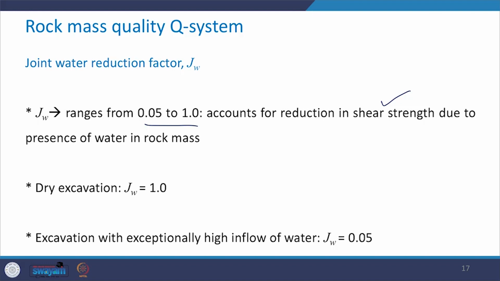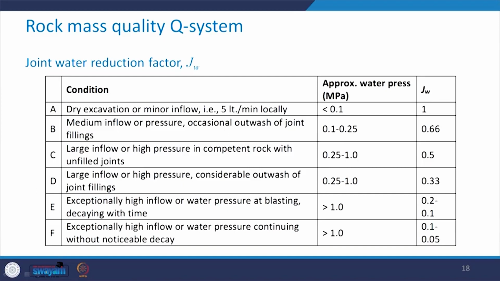As far as dry excavation is concerned, JW is assigned a value of 1.0, and for the excavation with exceptionally high inflow of water, a low value as 0.05 is assigned to JW. This table gives us the idea about the ratings which should be assigned based upon the approximate water pressure and the condition of the excavation.